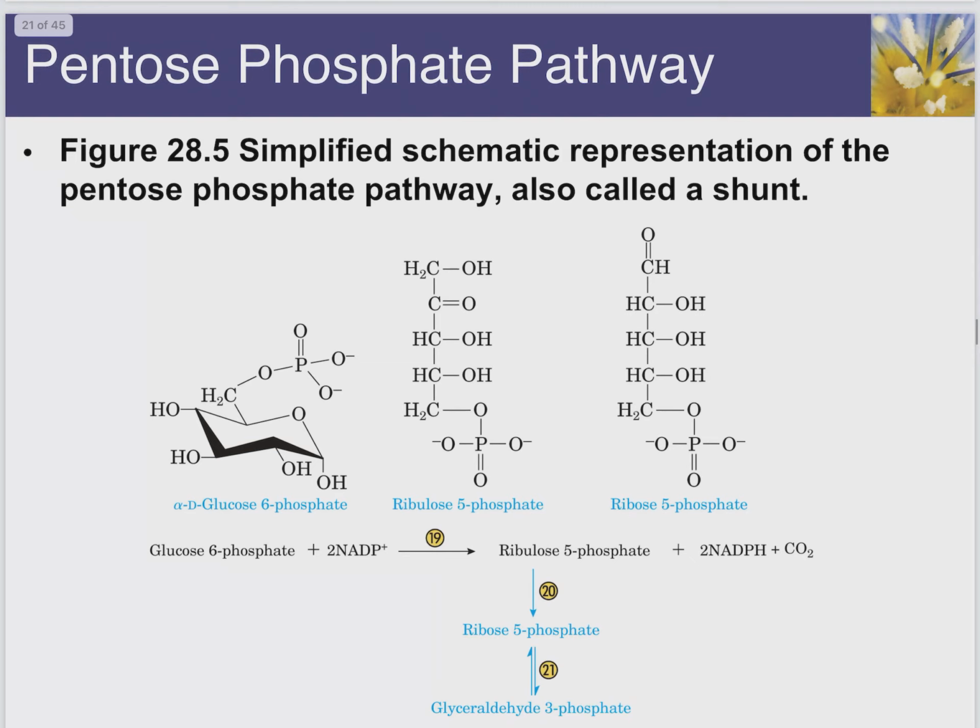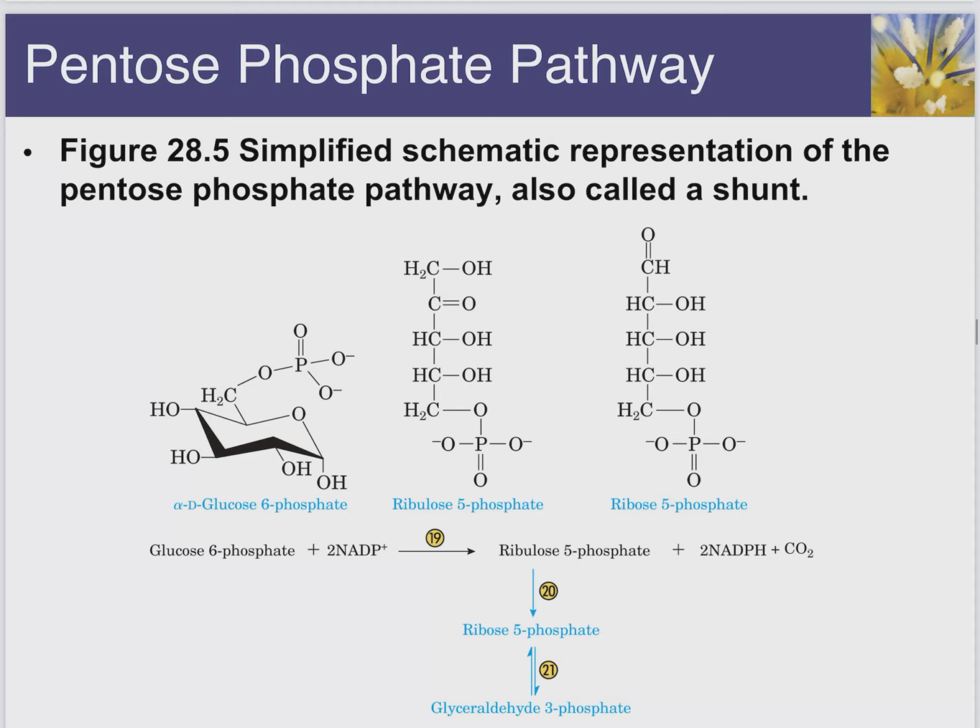Let's talk about another pathway that happens here for glucose 6-phosphate. Glucose 6-phosphate can actually be turned into ribulose 5-phosphate. Now, a ribose sugar is important because those are the starting sugars for our DNA and RNA. And if we want to make DNA, we need RNA. And if we want RNA, we need riboses. And so that's what this reaction will do.